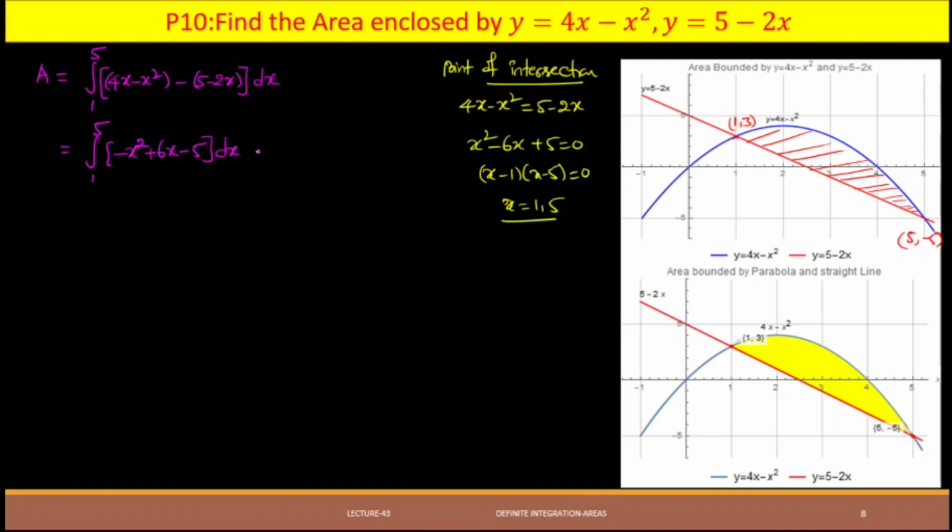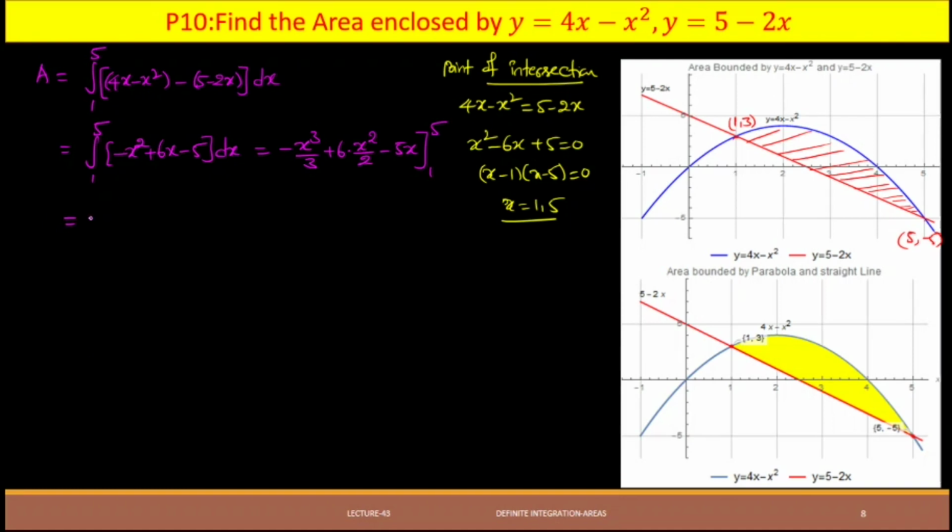dx. If I integrate it, this becomes minus x cube by 3 plus 6 times x square by 2 minus 5x, with lower limit 1 and upper limit 5.